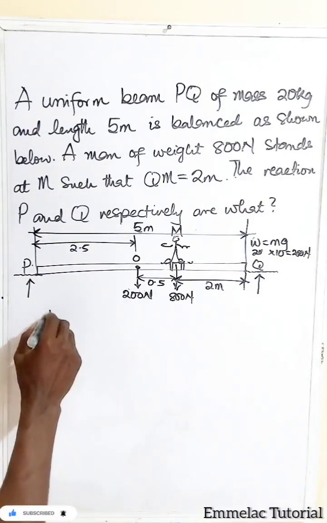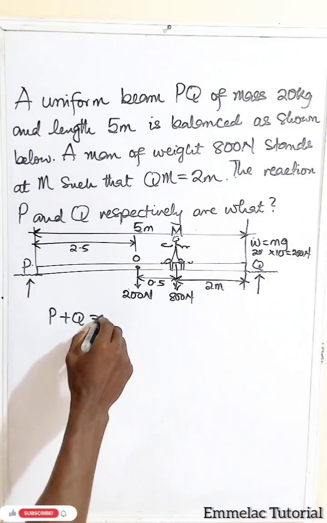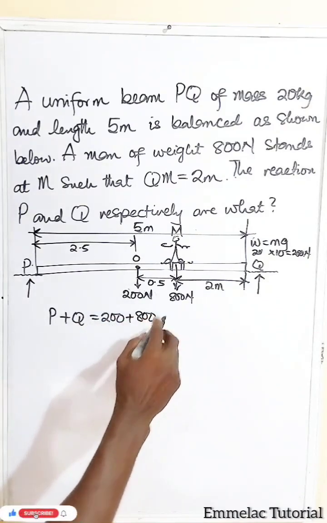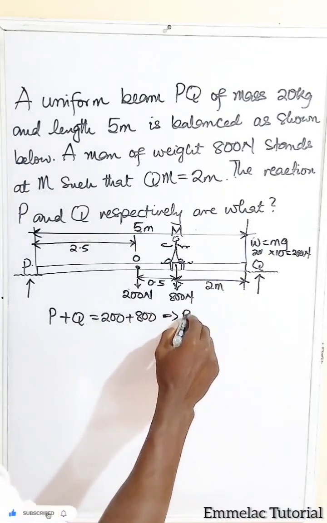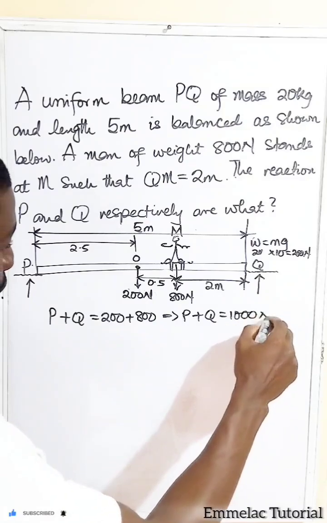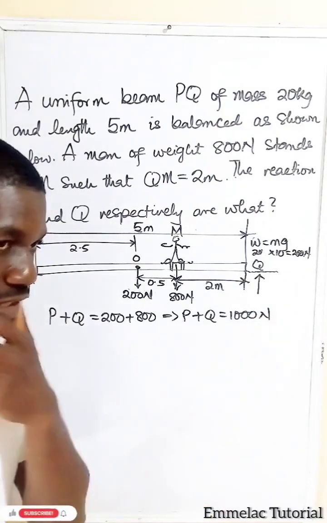So we can say that P plus Q must be equal to 200 plus what? 800, which then becomes P plus Q equals 1000 Newton.